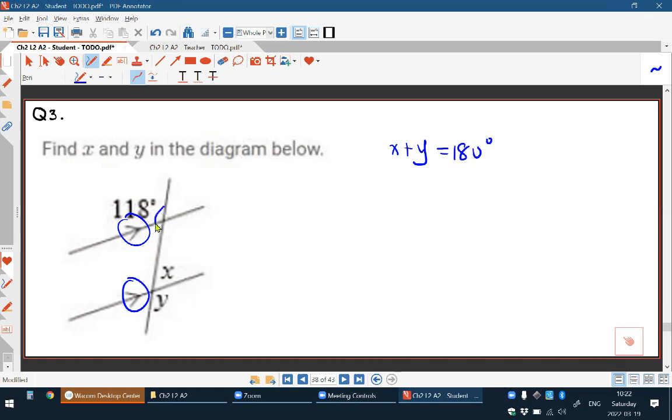And this angle is 118, and these two angles are vertical angles, right? Vertical angles are always congruent. So this angle here, let's call it A. A is also 118 degrees.